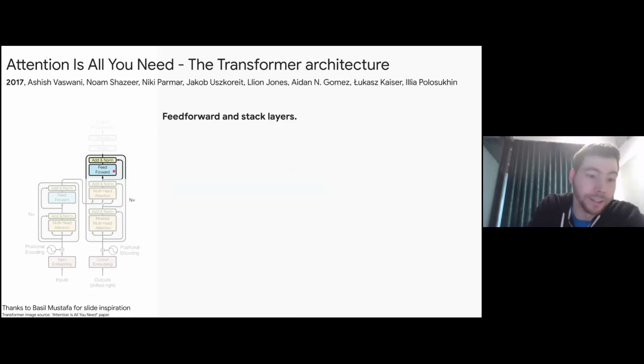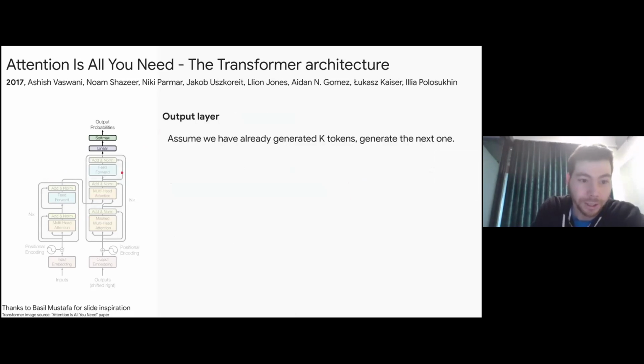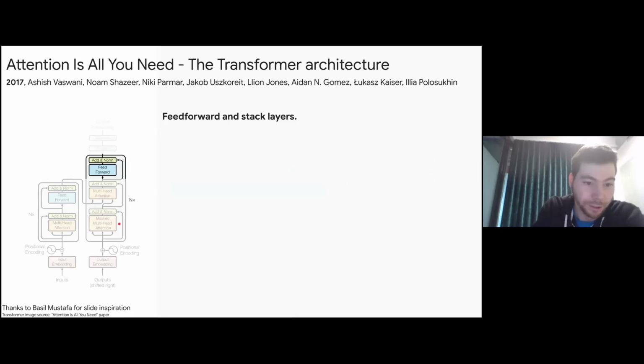And then there is just the MLP block again, this feed-forward layer. And we repeat this. So the decoder is first causally masked self-attention, then cross-attention, attending into the encoder's output, then an MLP layer to process everything we have seen so far.